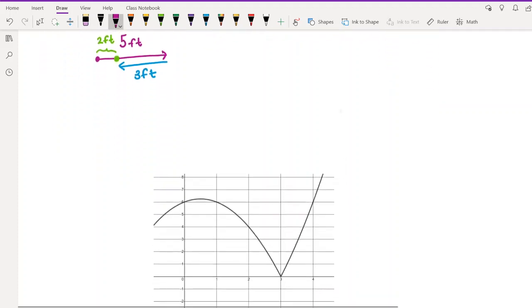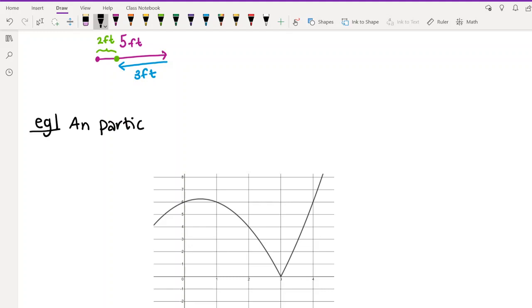Okay, so let's now look at an example, and we'll see, as we saw on the previous page, that integrals are really best for finding displacement, and if we want to find the total distance traveled, we have to do a little bit of extra work. Let's say that we have an object, and we'll call it a particle.